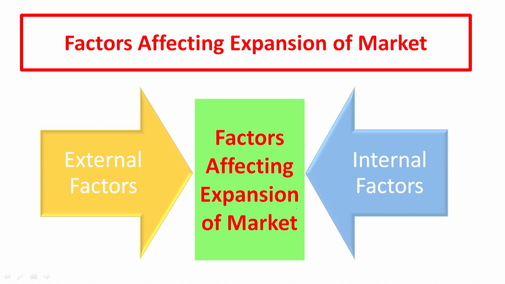So the expansion can be affected by two kinds of factors, the external factors and the internal factors. External factors are those which are not in the control of the individual firms, and internal factors are those which are within the control of the respective firms. One by one, we'll be taking all the points of external factors and internal factors.